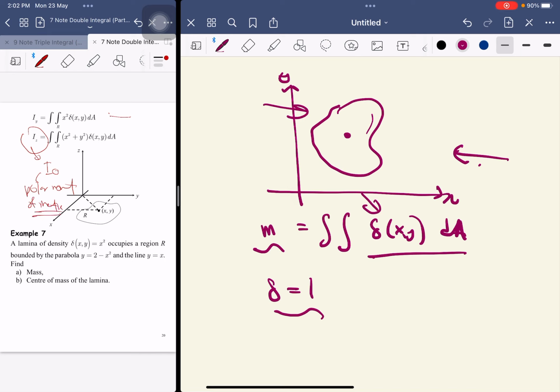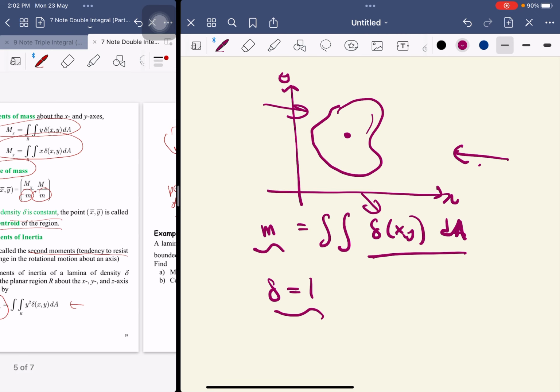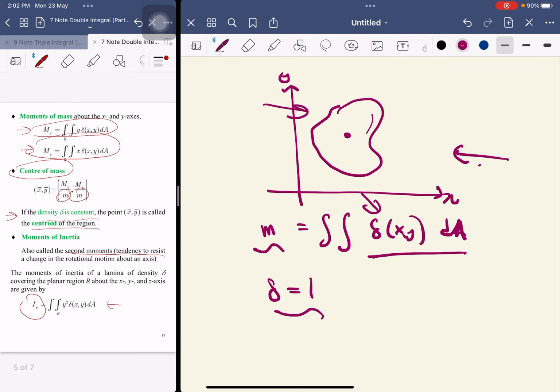Yeah, because the lamina is on the xy plane, right? But for the rest, the application of a double integral is just about how you apply the formula in getting that one.